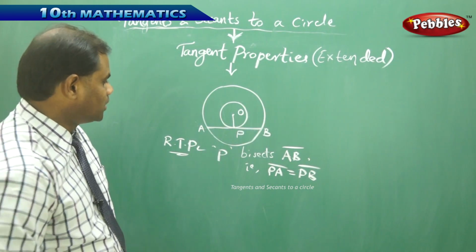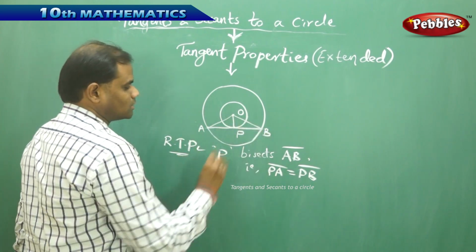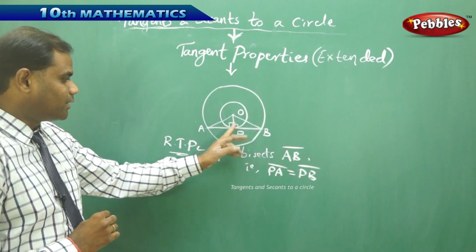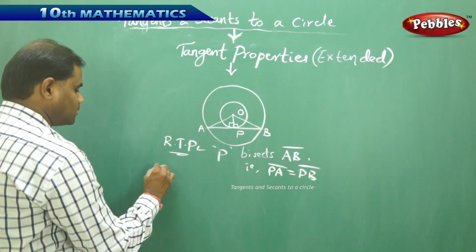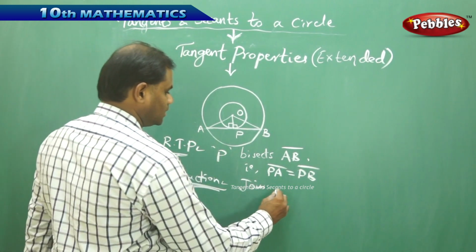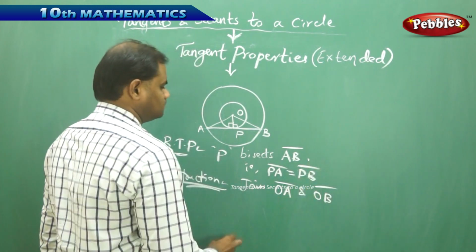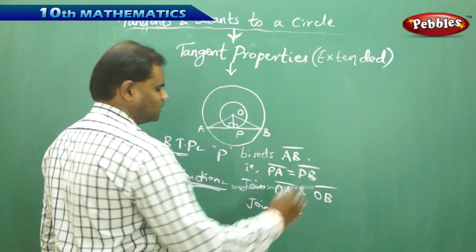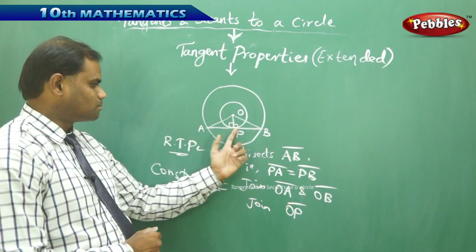So for this, let's join AO and BO, so that I get this perpendicular to this, because radius is perpendicular to tangent for the smaller circle. So here the construction is, I join OA and OB. Also I join OP. Now in this case, what is required to prove is PA equal to PB.